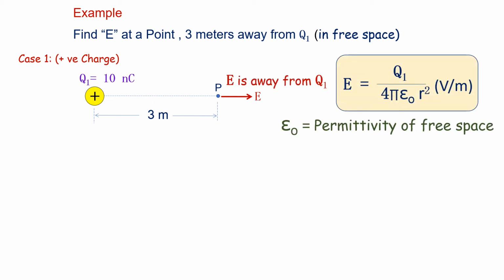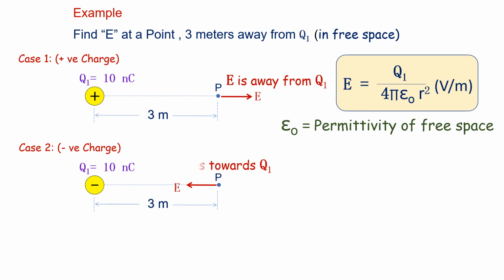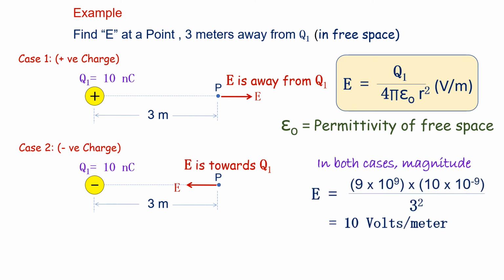It is given by Q1 by 4 pi epsilon naught R square. Take up the second case where Q1 is the negative charge. The electric field intensity now will be towards Q1. In both the cases, by substituting the values, you get E as 10 volts per meter.